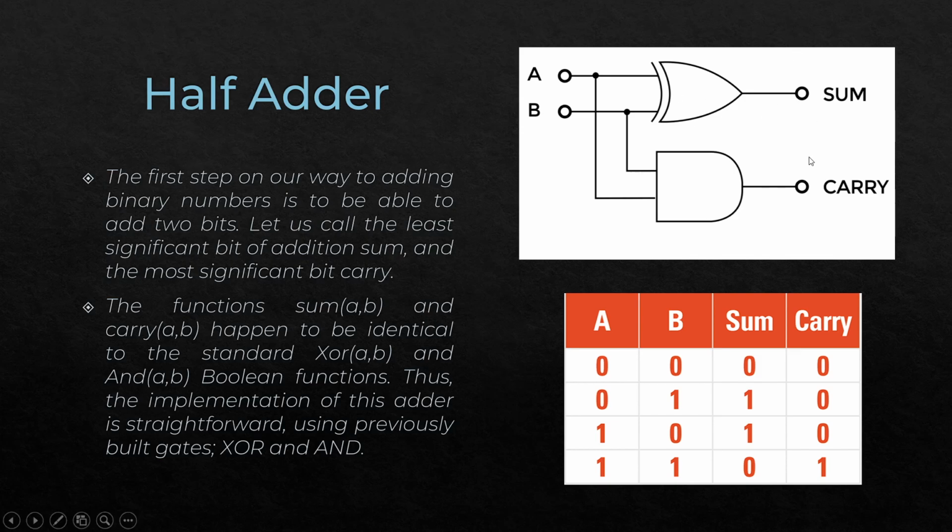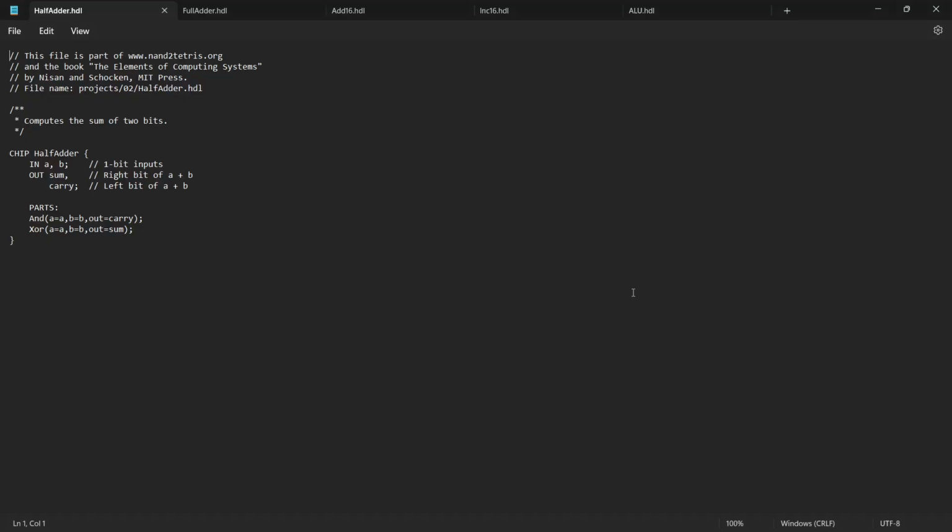So as you can see here, the sum, the least significant bit, is the result of the XOR operation of A and B, and the most significant bit, the carry bit, is the AND operation of A and B. This is the truth table we should be getting. So let's see the code for this.